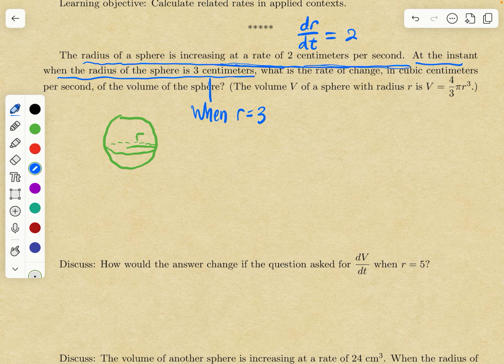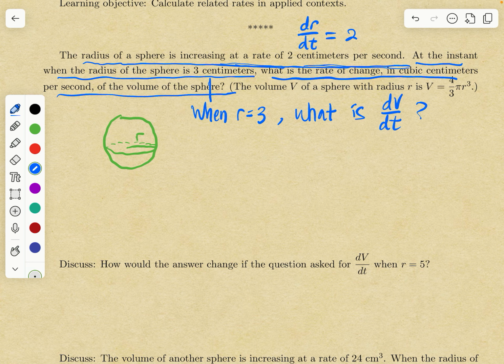So the question is, what is dV/dt? So now we've translated this into equations. We're given that dr/dt is 2, and the question is, when r is 3, what's dV/dt?